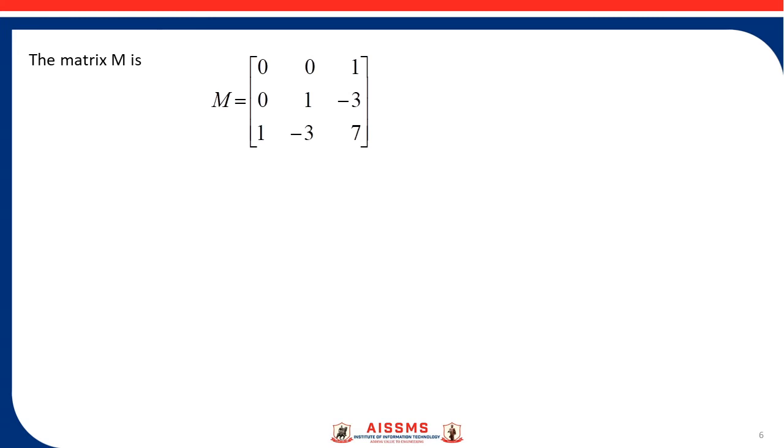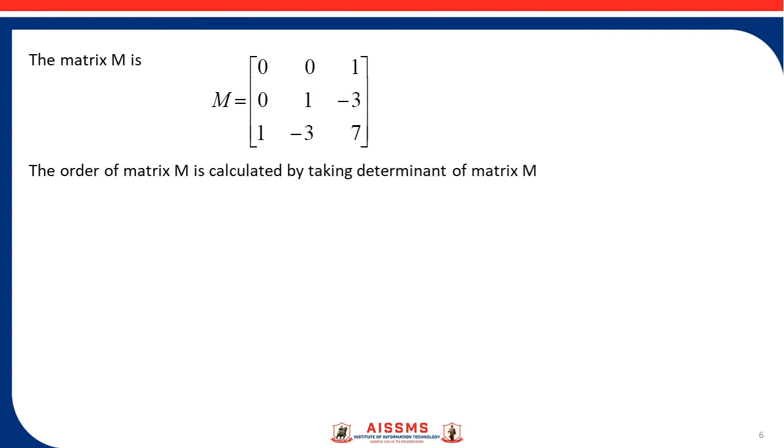So matrix M contains three columns. The first column is nothing but the matrix B, 0 0 1. The second column is the matrix A dot B, that is 0 1 -3, and the third column is A square B, that is 1 -3 7.